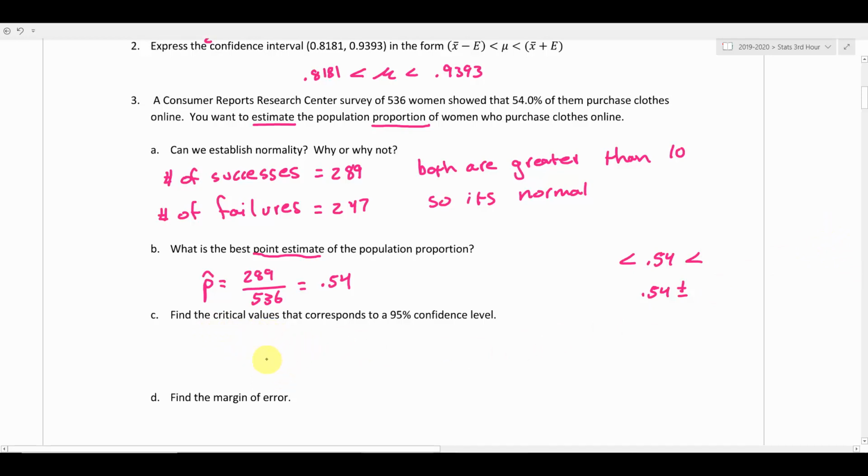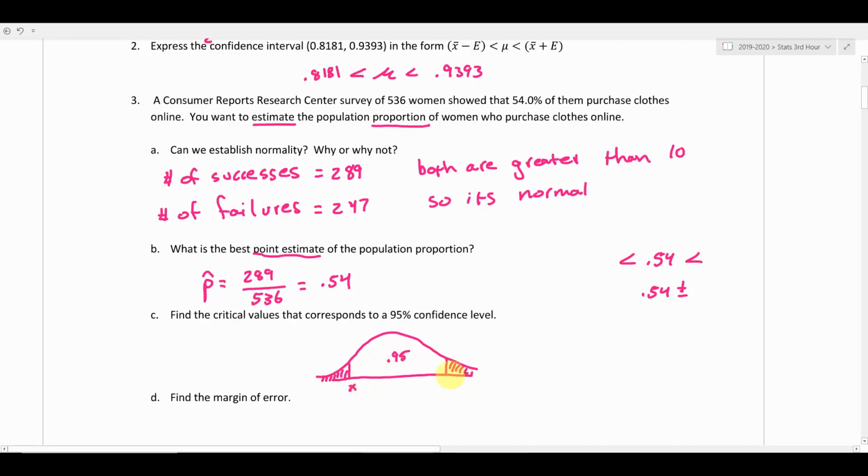All right, so this is where we are going to use our normal distribution. So remember our sampling distribution is normal. We established that in part A. And for any normal distribution, if you want to capture 95% of your data in the middle, it's going to kind of look like this, right? And we have these tails, and we know that 95% is going to be trapped in the middle.